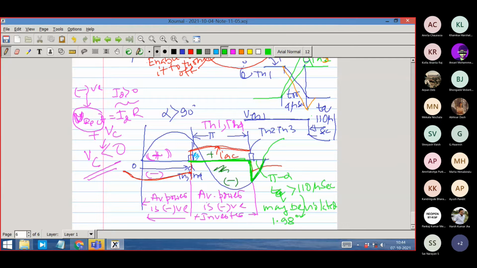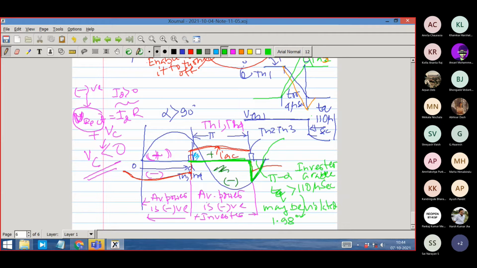In fact, one word brings another word. Where TQ values are so small, they are called inverter grade thyristors. And where the TQ values are high, they are called rectifier grade thyristors. Inverter grade thyristors are conducive for inverter operation. The rectifier grade thyristors have TQ values so high that they are not conducive for this.